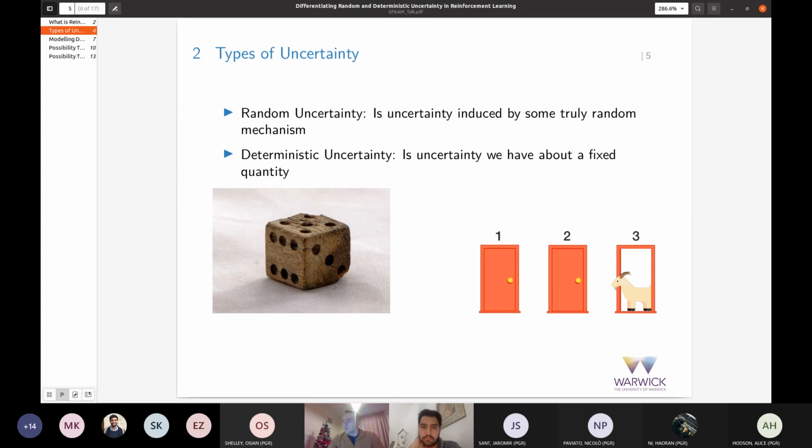So, going back to the example of rolling the dice, there is the random uncertainty, which is the value you get on any particular roll, but there would also be deterministic uncertainty, because, for example, with this very dodgy dice here, you would not know the probability of getting 5, say, at the start, and it's something that is fixed, but is uncertain until you've played enough games and you gain enough information to learn what it is.